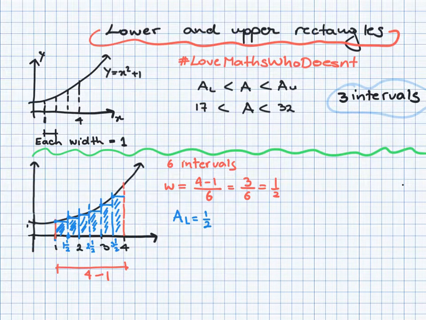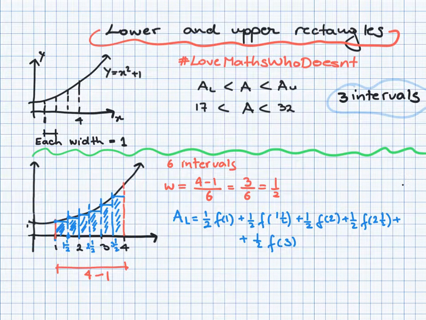It's half times f of 1, and then plus half f of 1.5, then plus half f of 2, plus half f of 2.5, plus half f of 3, and we have one more, half f of 3.5.